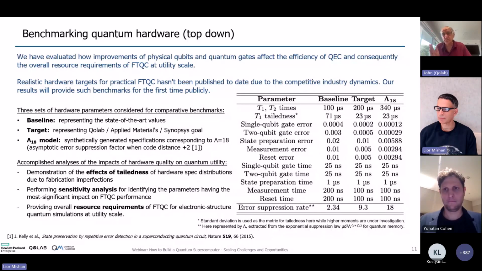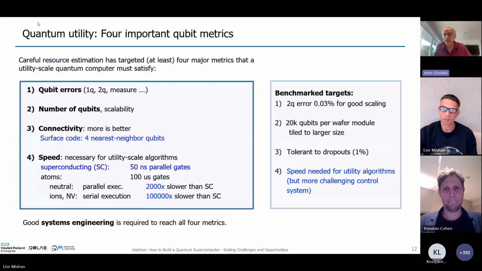So you want to make sure you can get to that in the long run, but the target is the set of parameters that we want to get to right away. These are for superconducting qubits. You can see that the numbers are better than where we are right now, but by a reasonable, modest amount. Not that it's easy to get there, but that's what we're thinking about achieving as we build the quantum computer. Next slide, please.